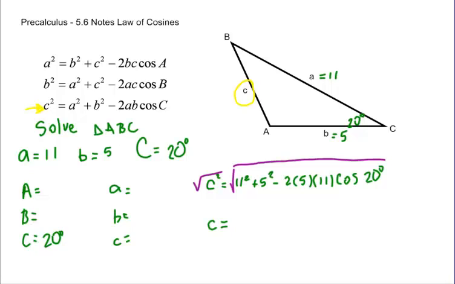So when you punch this into your calculator, let me punch it in: 11 squared plus 5 squared minus 2 times 5 times 11 times cosine 20 degrees.